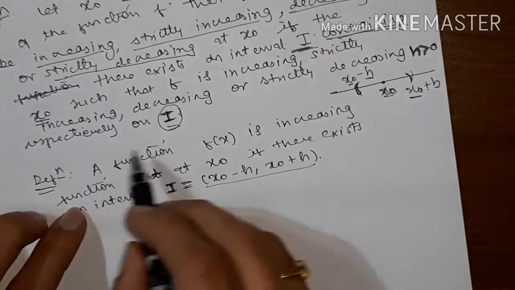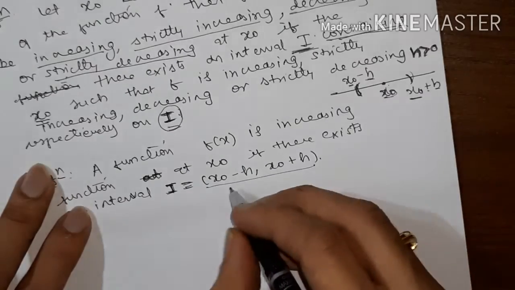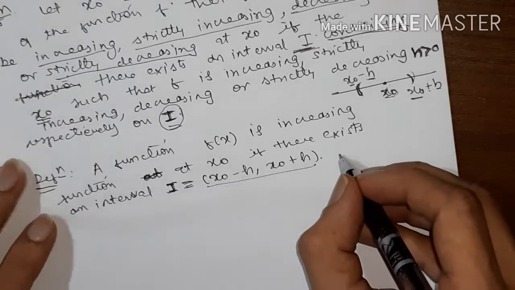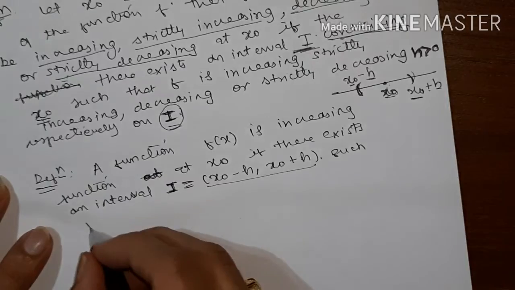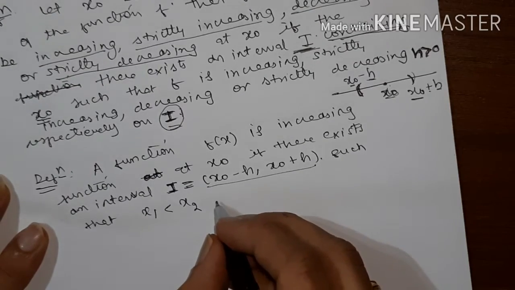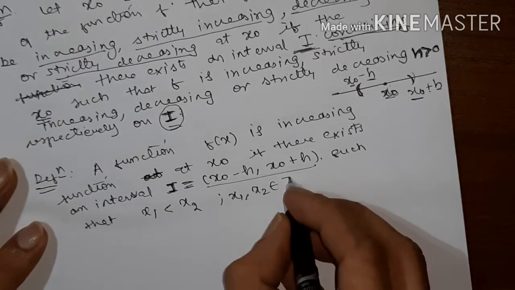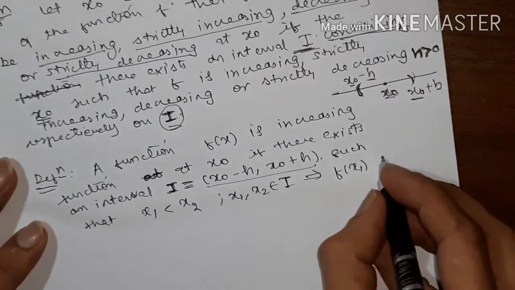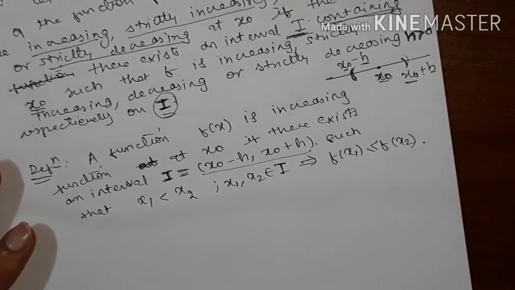So a function f(x) is an increasing function at x naught if there exists an interval I equal to (x naught minus h, x naught plus h) such that x1 less than x2, where x1 and x2 are in the interval I, implies f(x1) is less than f(x2).